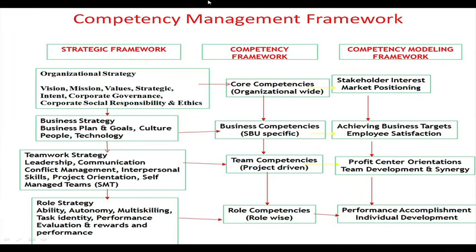And then from there you move to the next part, that is teamwork. So, what kind of leadership, communication, how you are going to manage conflict, interpersonal relations, projects, if you have self managed teams, how are you going to manage them.